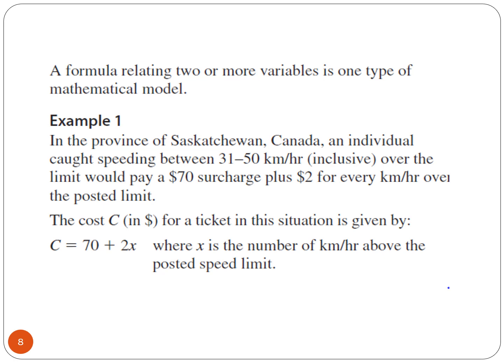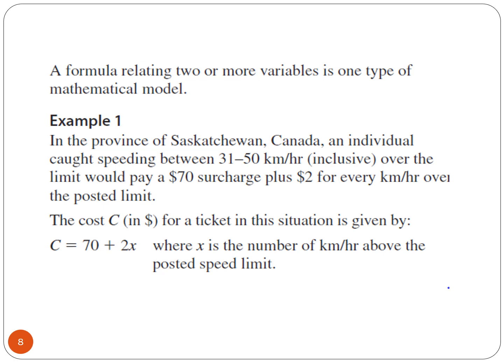In this particular place, if you are caught speeding between 31 and 50 kilometers per hour over the speed limit, you pay $70 as a surcharge. This is a fixed charge, plus you pay $2 for each kilometer over the speed limit. This is the minimum charge you will pay, $70, plus $2 for each kilometer over the speed limit.